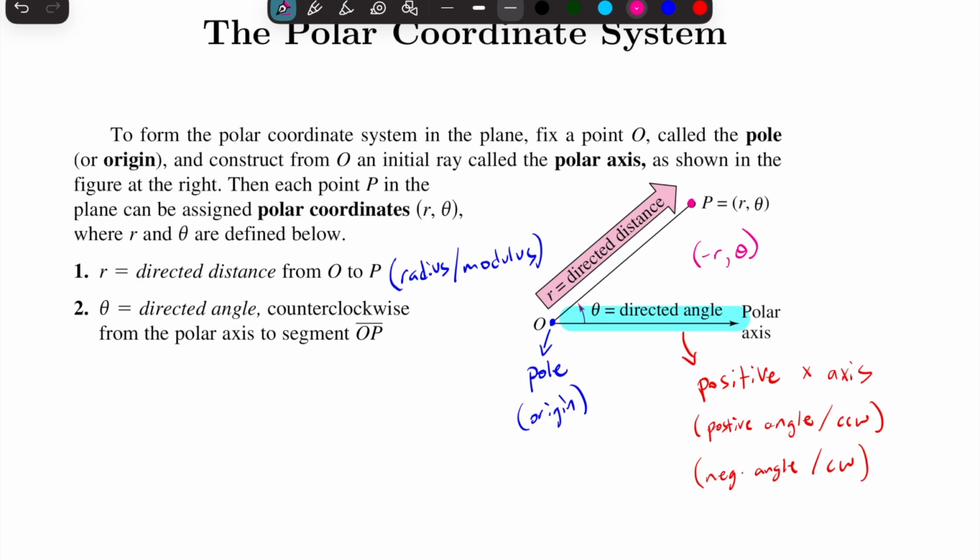What I would do is rotate to this angle here. And when I normally would have gone in the positive direction, I'm going to go the same distance, but in the opposite direction. So it would make a straight line. And that would be the point negative r comma theta. And we'll see some examples of that.